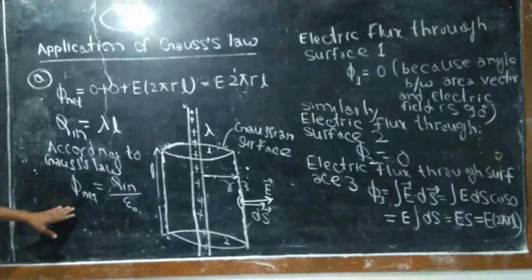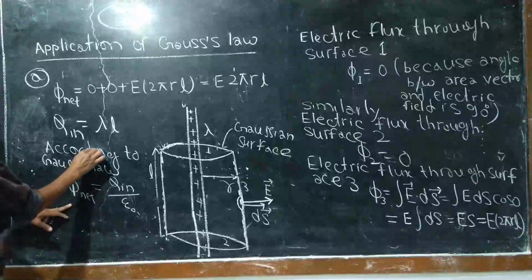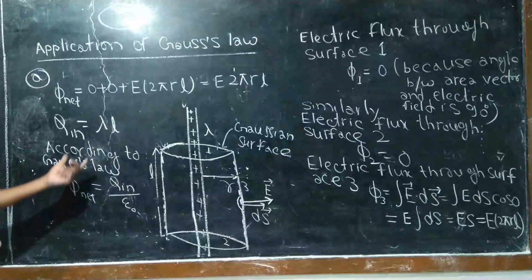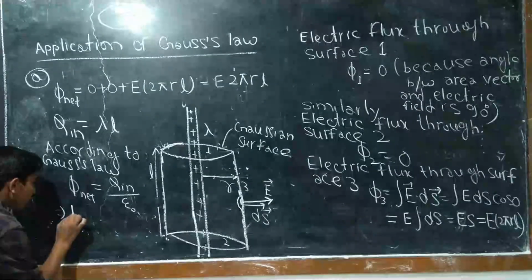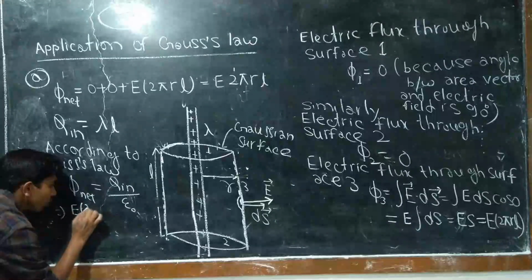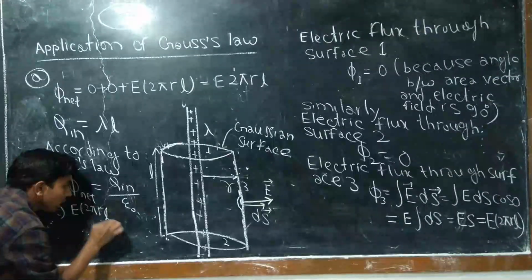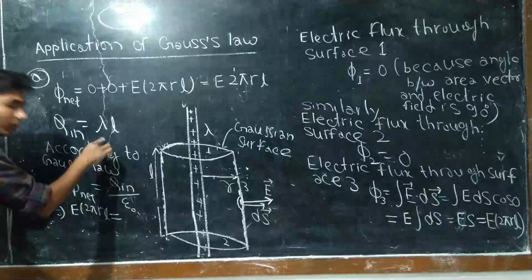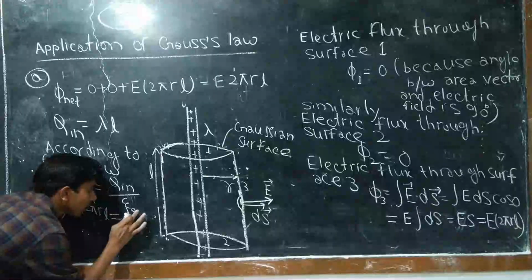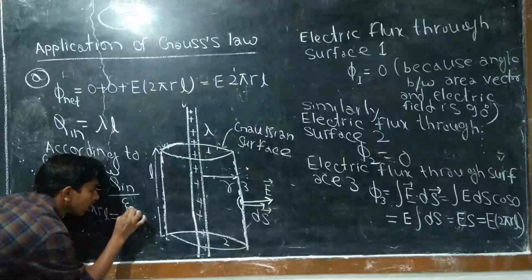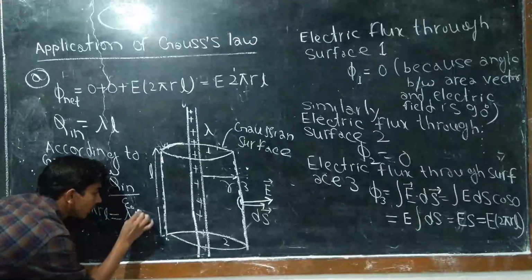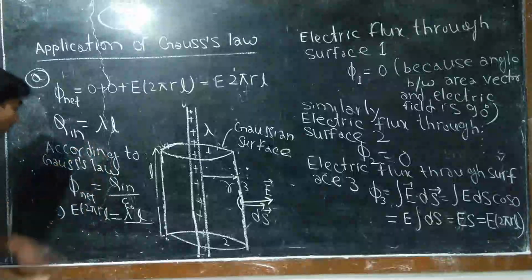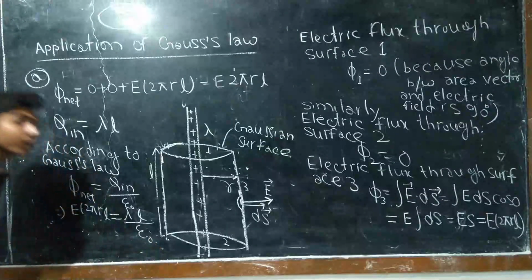So E into 2 pi R L is equal to Q in divided by epsilon 0, and Q in is lambda into L, divided by epsilon 0.